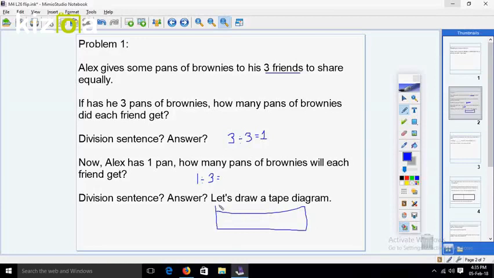Woo! All right, so he has 1 pan, 3 friends, right? So he's going to actually divide it into thirds, right? And each friend is going to get 1. That's my shading, all right? So each friend is going to get 1 out of 3, right? So a third of the pan, okay?